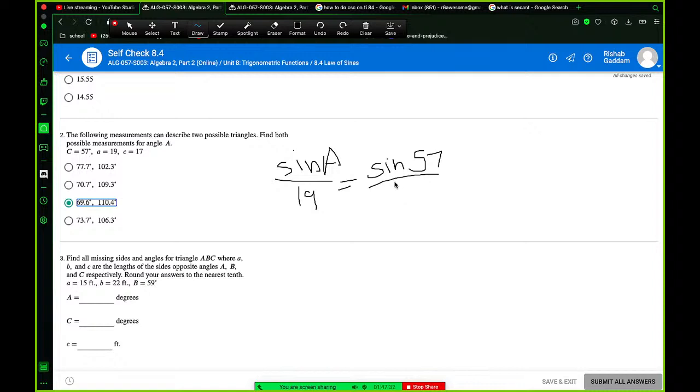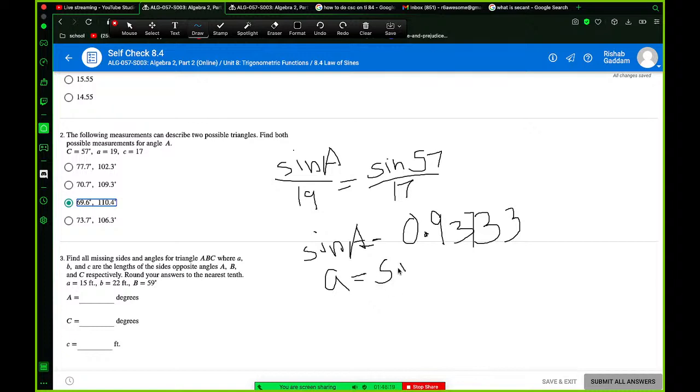And then I did sin A equal 0.93733. And A equals sin minus 1 of 0.93733, which equals 69.6 and 110.4.